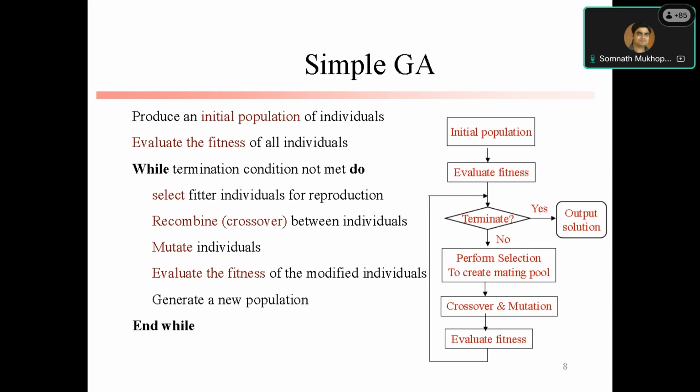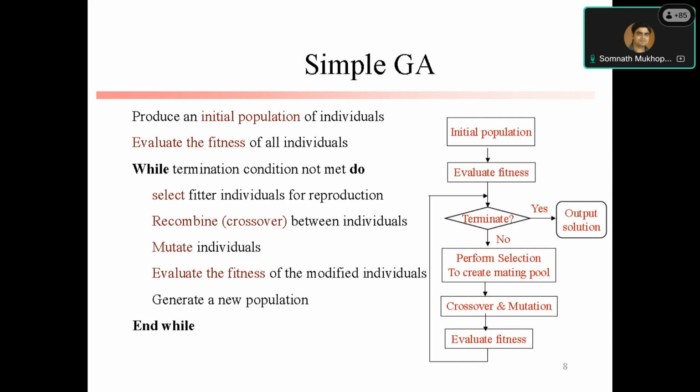So how does it work? It starts with some initial population which is randomly encoded. Then the fitness of those chromosomes, or solutions, is calculated. If we are satisfied with that fitness, we can terminate. Otherwise, we go to the next phase to select the best chromosomes, the best solutions, and create a mating pool.